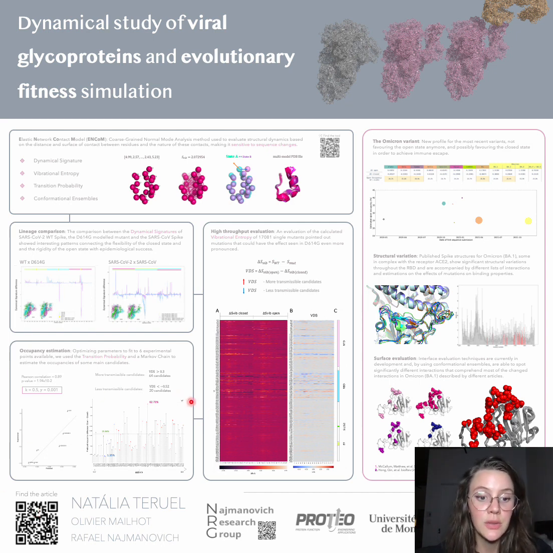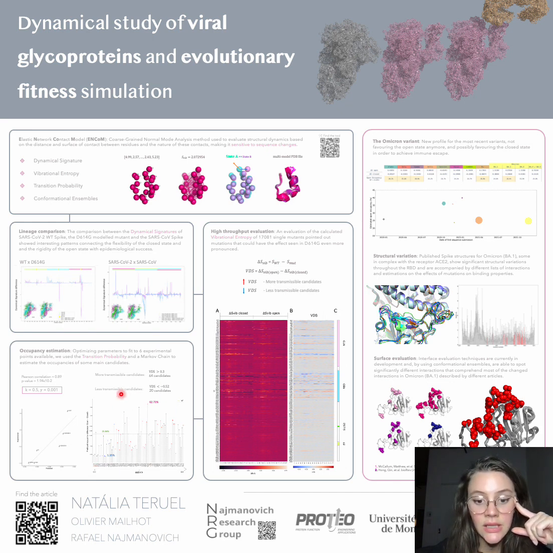And we also used the bottom 20 for the VDSs in order to compare the results. And here we have the estimated occupancies. So we actually did have many of those mutants showing a larger open state occupancy than wild type, that is here at the 25%. And for the bottom candidates, we had almost a locked state with open occupancy around 1%.